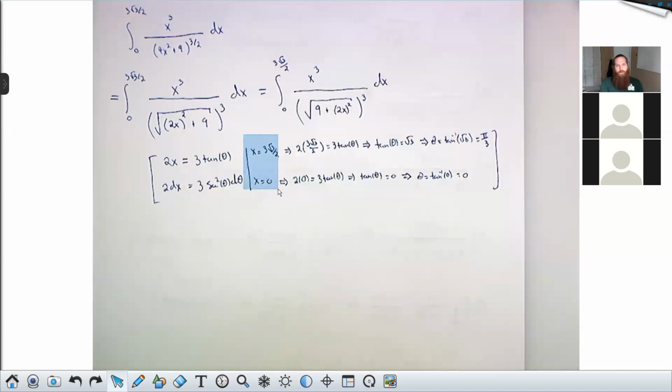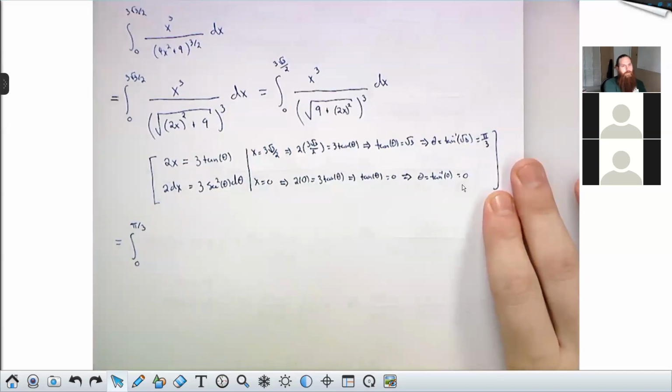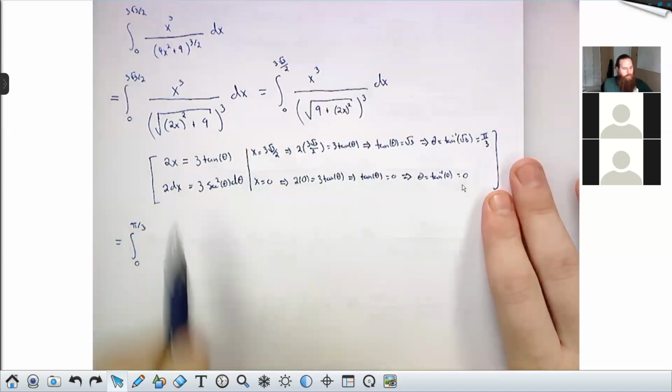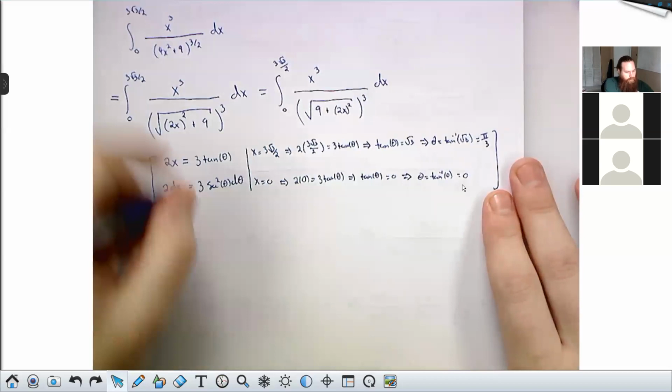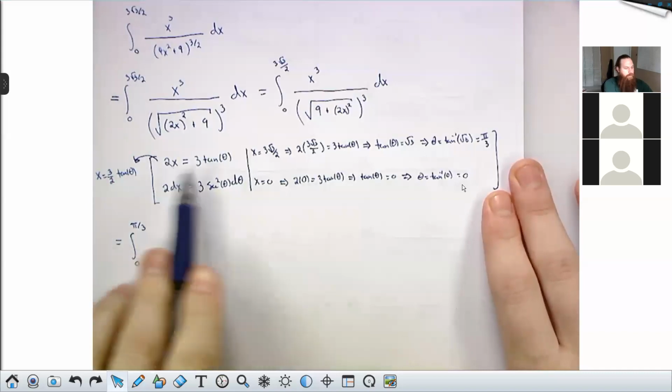So my old integral ran from 0 to 3 root 3 over 2. My new integral is going to run from 0 to pi over 3. X cubed, well, x here is three halves tan theta, because what I'm substituting is 2x equals 3 tan theta.